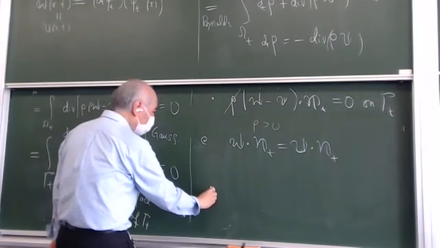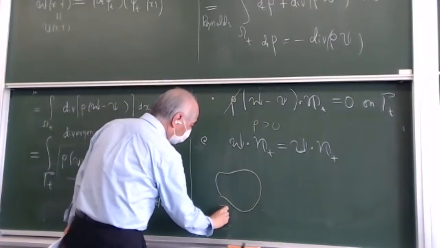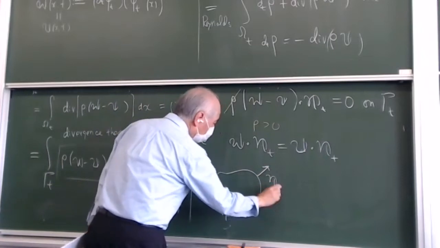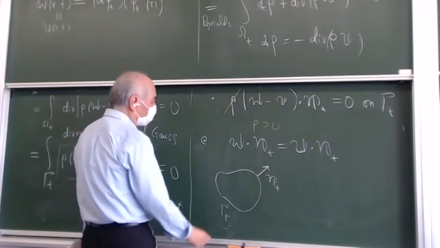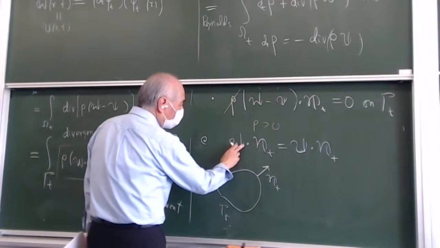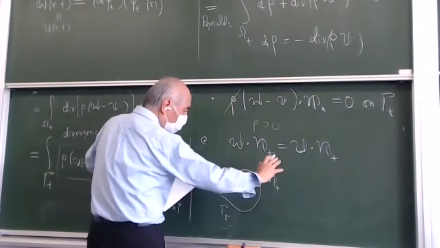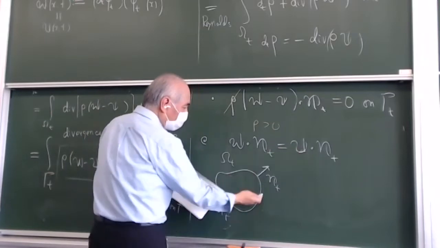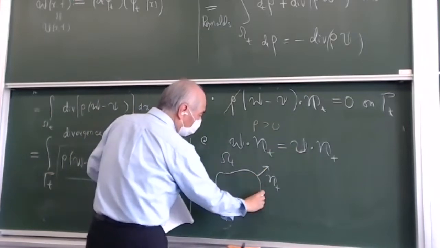This means that at gamma t, the evolution speed of omega t and the velocity field coincide.